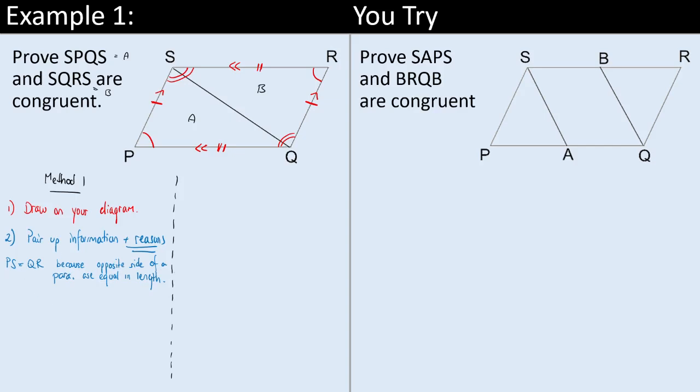What else do we know? We know that PQ equals RS for the same reasons. I'm just going to quote above. I would be more thorough and I would write out the full thing again. I'm just going to run out of space otherwise. What else do I know?